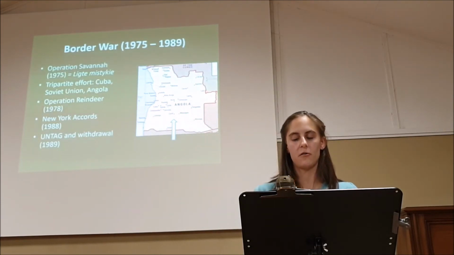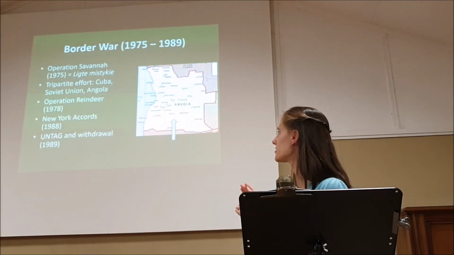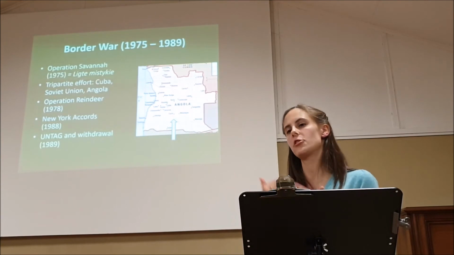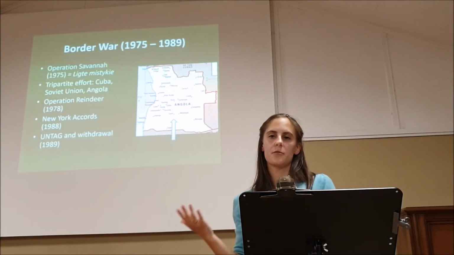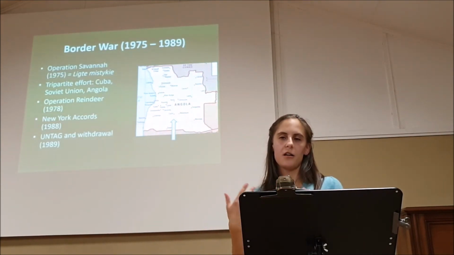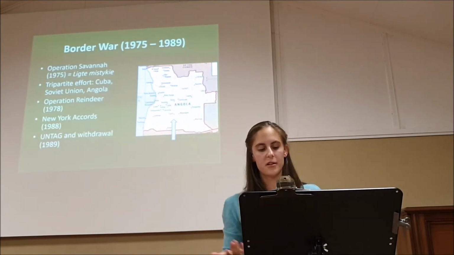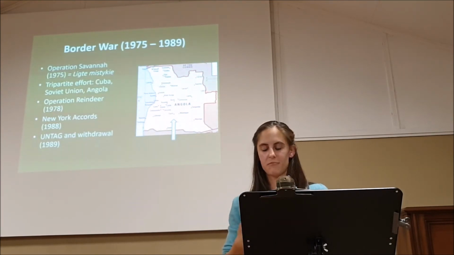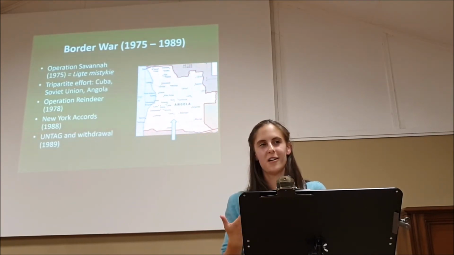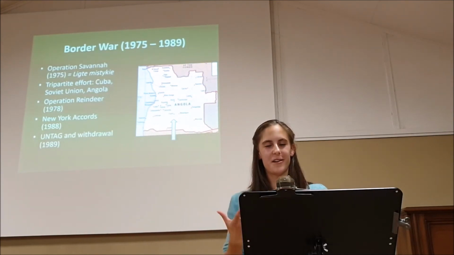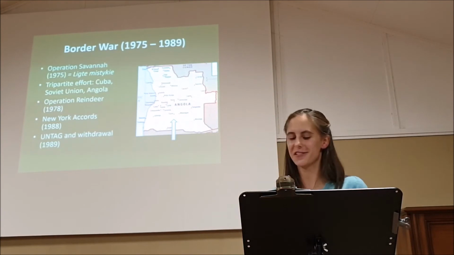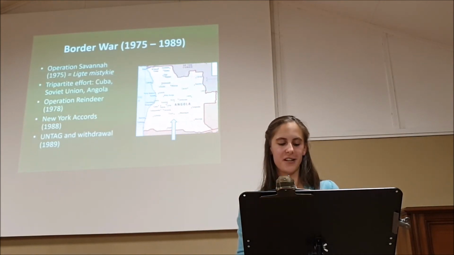The other bases were easier to destroy because they were closer to the border. So you just had mechanized units drive into Angola and just, well, okay, let me explain how it happened with Kasinga, then you'll understand why the other ones were less of a problem.